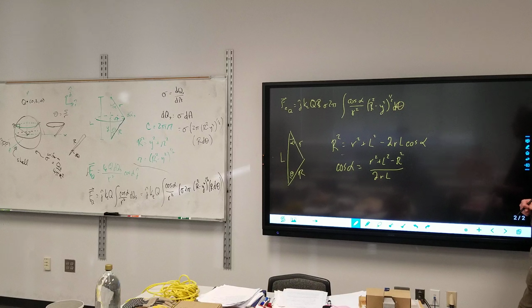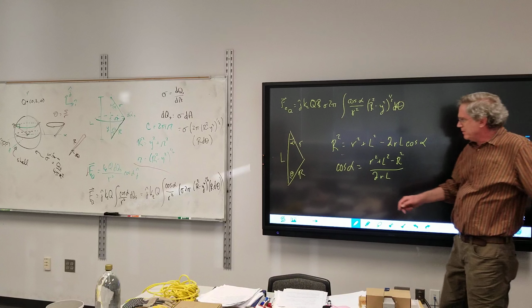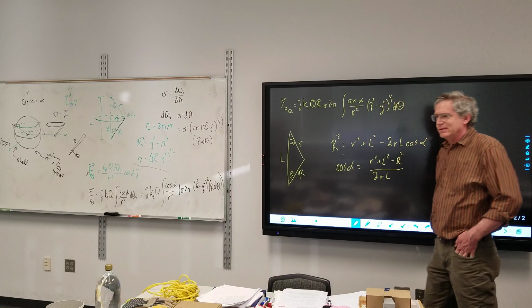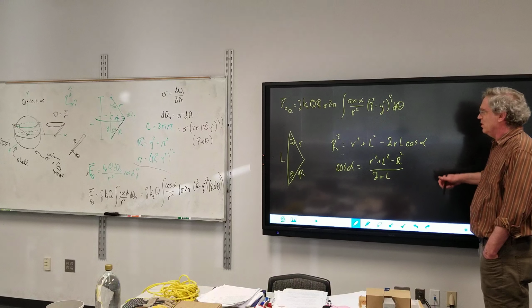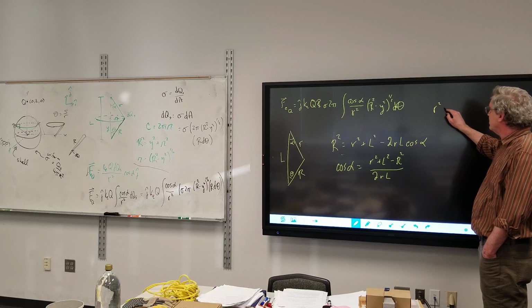All right, next. We got that d theta there we gotta deal with. Well, we figure out the theta bit there. We got theta here. Let's do law of cosines again. We got little r squared equals.